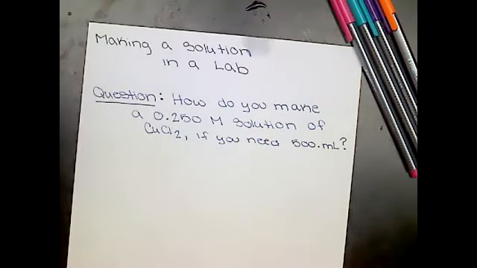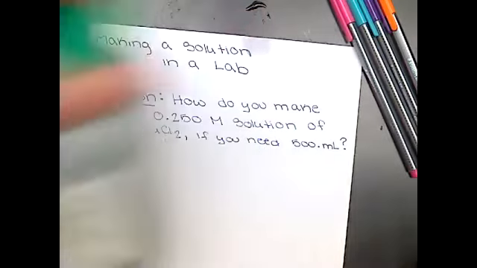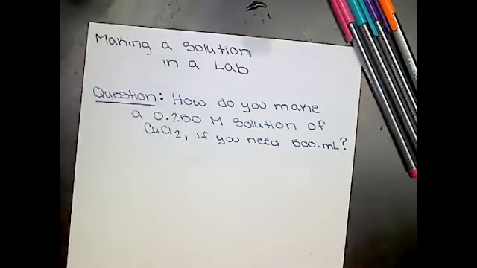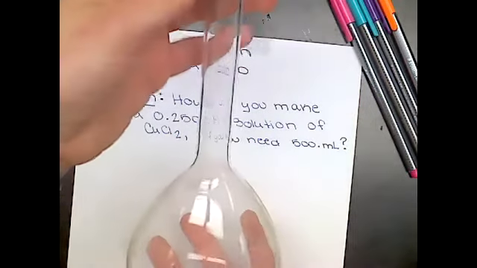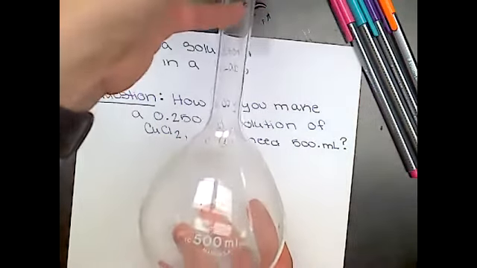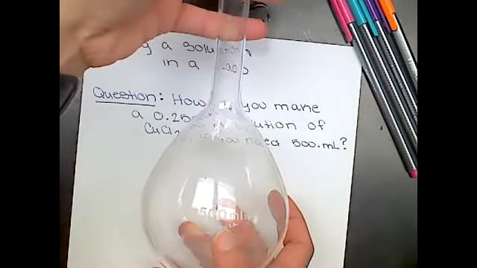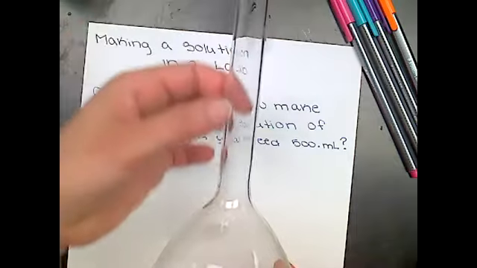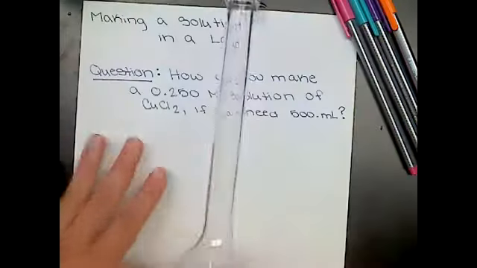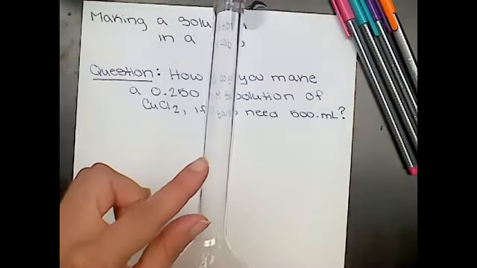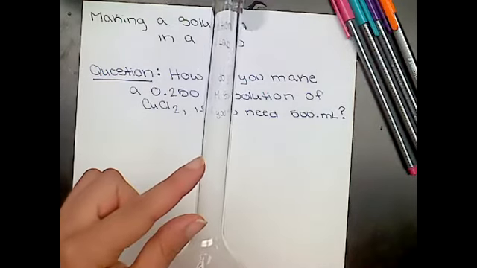A couple things that we're going to need to do. We have our copper chloride right here. We have a water bottle with some water. We have something called a volumetric flask. This is what a volumetric flask looks like. This is a 500 milliliter volumetric flask. Right here at the mouth, I don't know if you can see it that well, there's a little line, and this line reads exactly 500 milliliters.